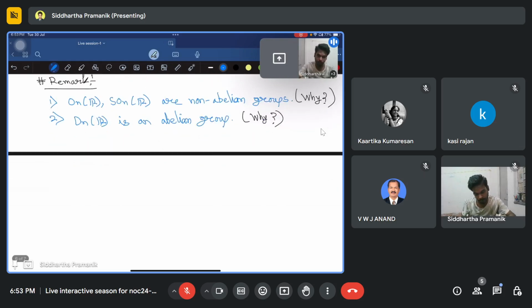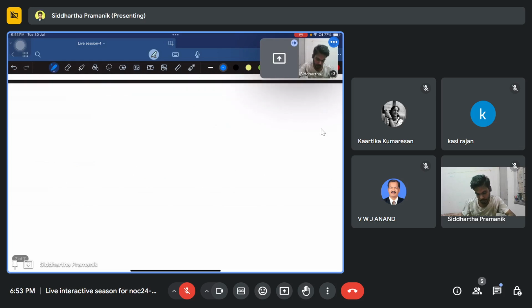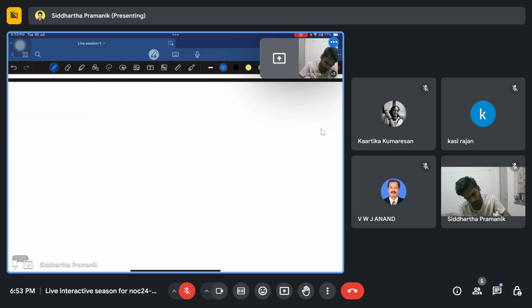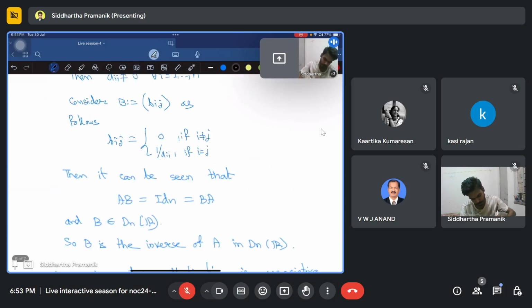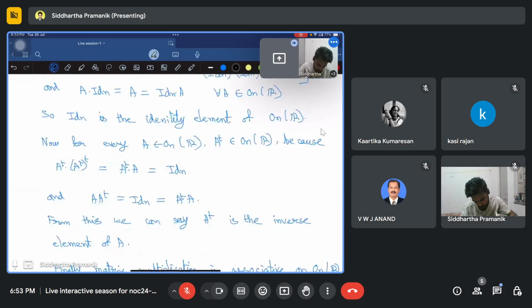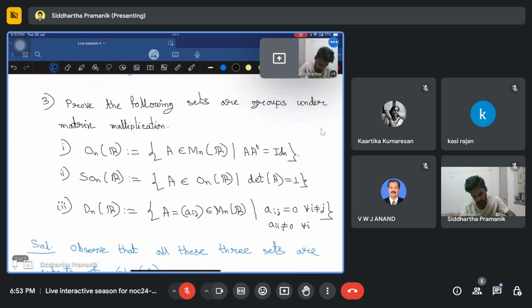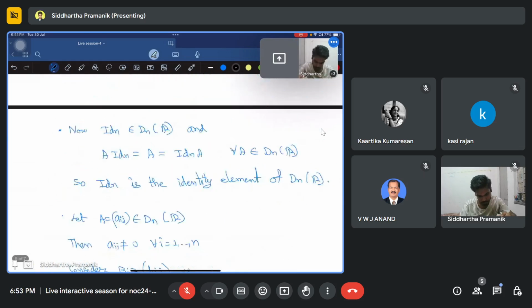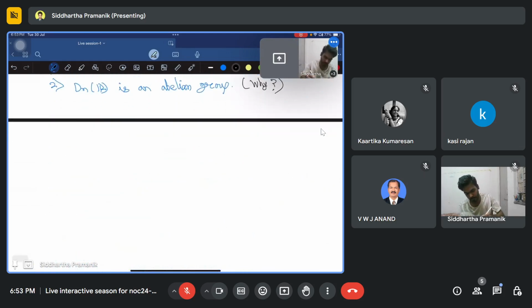Okay, now let me do some characterizations of abelian groups. So I guess this is problem 4. Okay. So let G be a group.